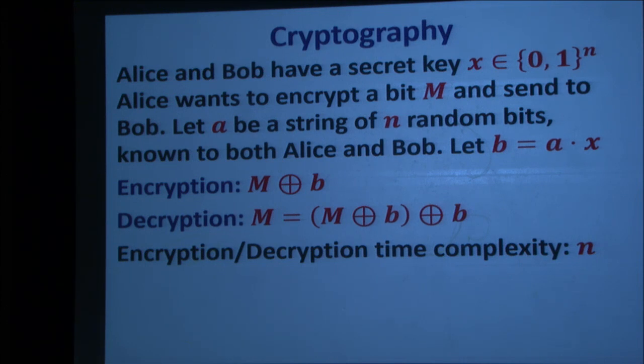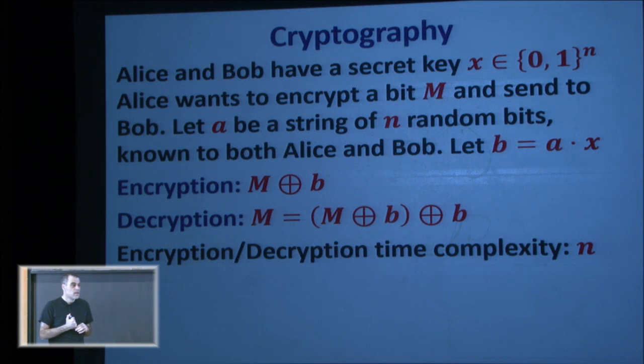Okay, I also have an application of the main result to cryptography. And this is for the model of bounded storage cryptography. Now, suppose that Alice and Bob both have a secret key X that was chosen randomly in {0,1}^n. It can also be a group of users that have a secret key in {0,1}^n.